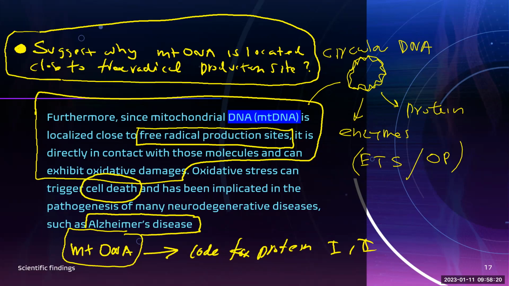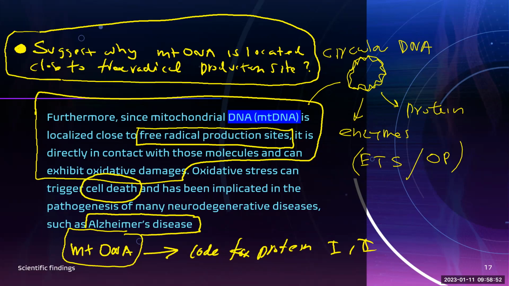And this mitochondrial DNA is localized close to the free radical production site. Now, where is the free radical production site? There in the electron transport chain. What is the function of mitochondrial DNA? Mitochondrial DNA produces enzymes and proteins which are mostly important in the electron transport chain.